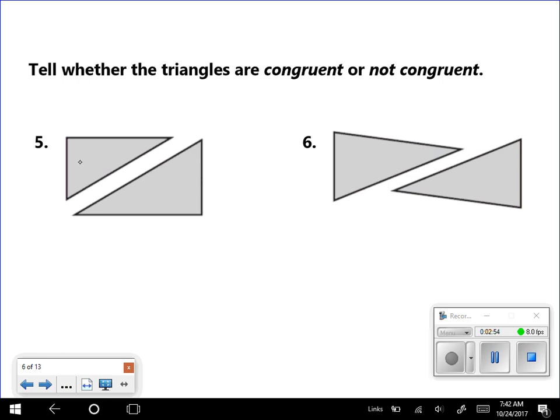Not quite. This one looks a little bit smaller. But over here on 6, it looks like those are going to be the exact same size. They already have the same shape, so these are congruent.